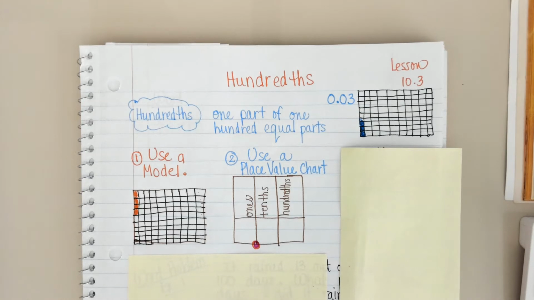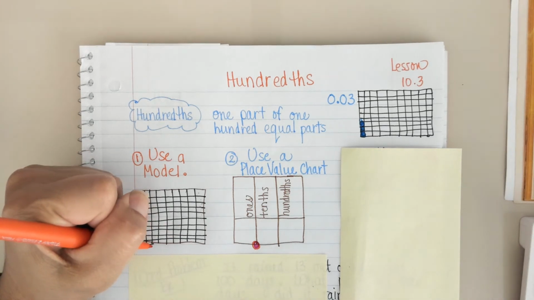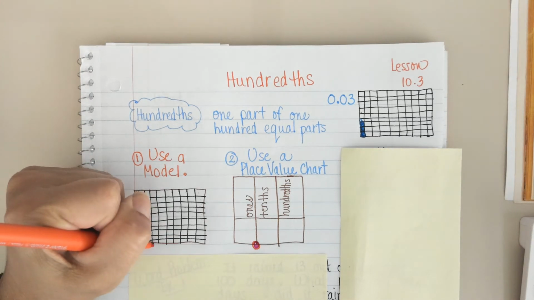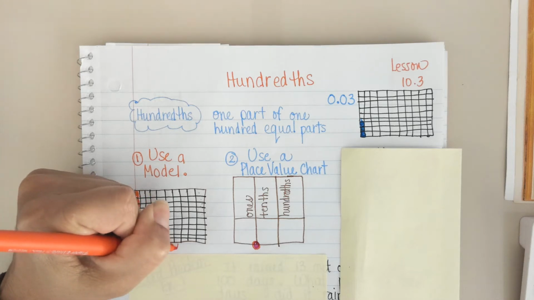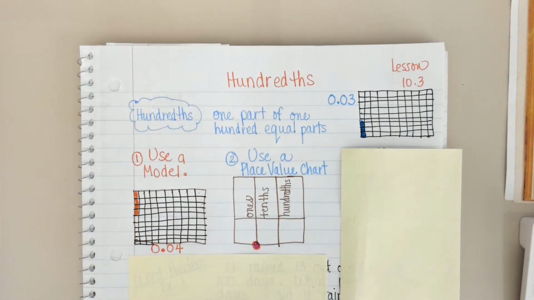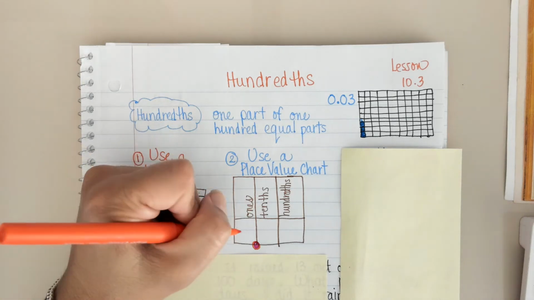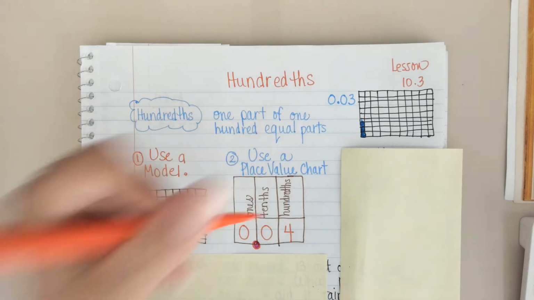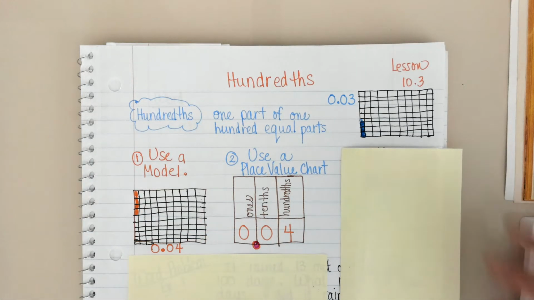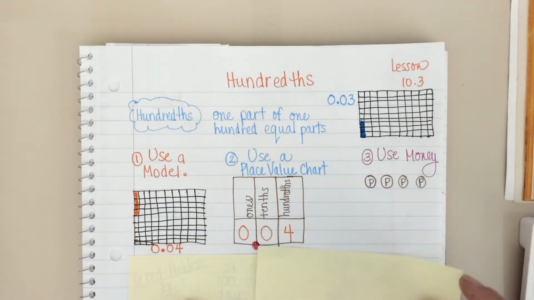Very important. Sorry, I kind of moved on without labeling this, and this is 4 hundredths. Now using a place value chart, there are no ones, there are no tens, there are 4 hundredths.